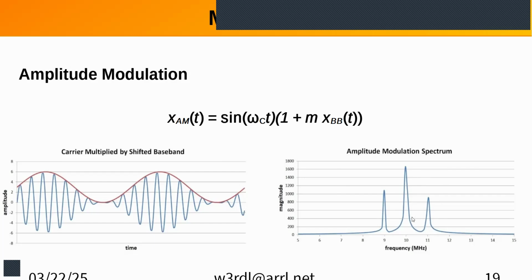Much more predictable if it's a regular AM broadcast. You'd get little peaks like that if it was just a single tone, like a 1 kilohertz. If it was voice, you get a, yeah.